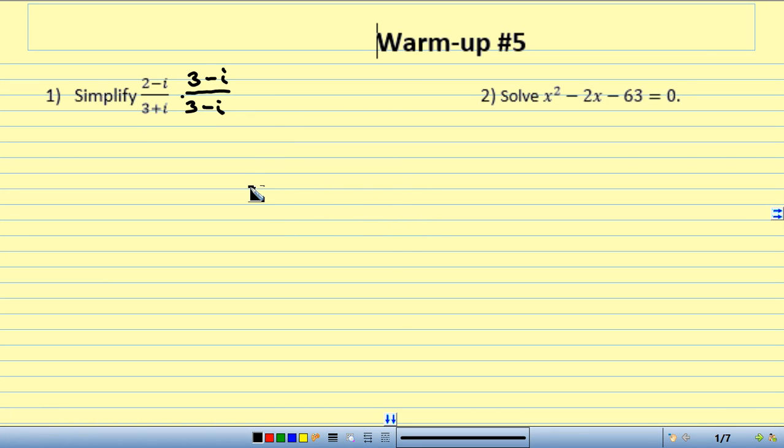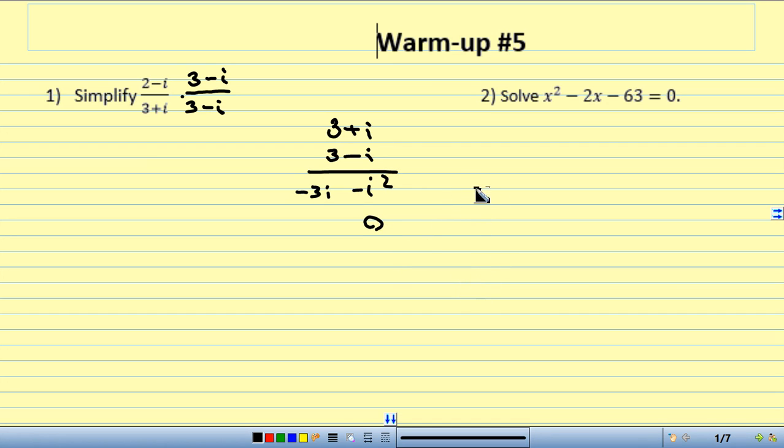Now we're just going to multiply. The way I multiply is I use the stacking method. So I have 3 plus i over 3 minus i, and I multiply like I would normally. Negative i times i is negative i squared. Negative i times 3, negative 3i.